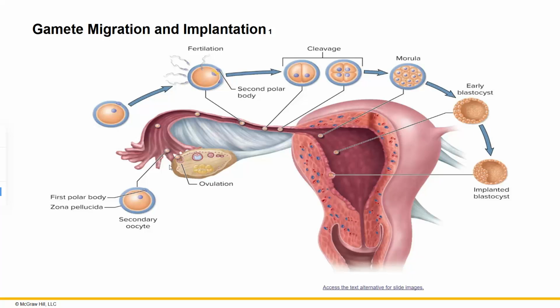But if it gets fertilized too soon, then it could develop into a ball of cells that is too heavy to make its way down into the uterus and actually implant in the tube. Tubal pregnancies are the most common type of ectopic pregnancy. Another type of ectopic pregnancy is if the fertilization event happens really soon, then the developing embryo could implant in the abdominal cavity. So that's something that would not be able to be sustained.